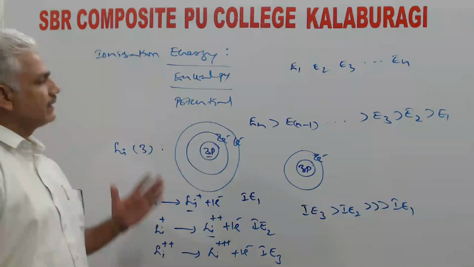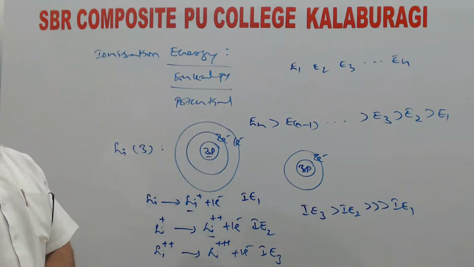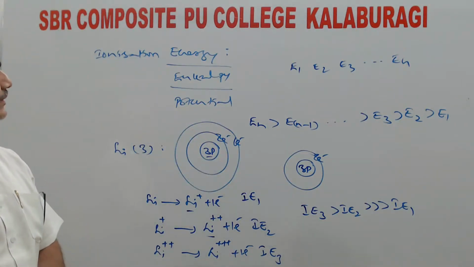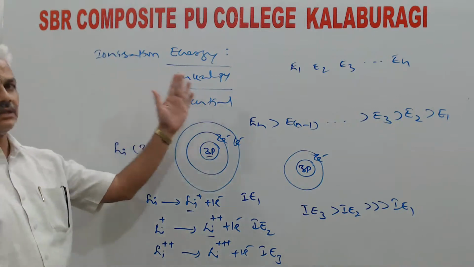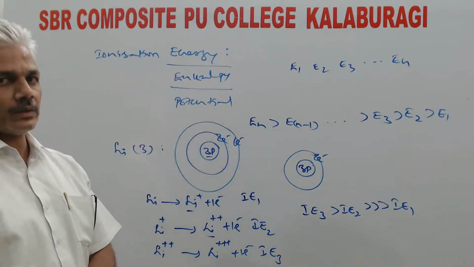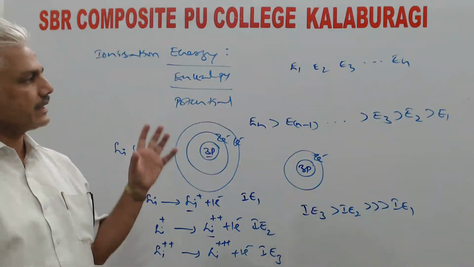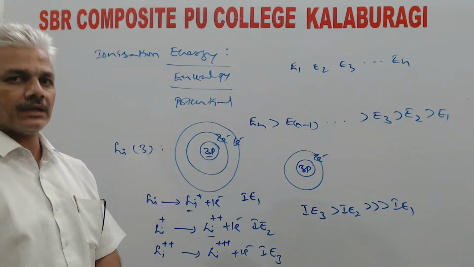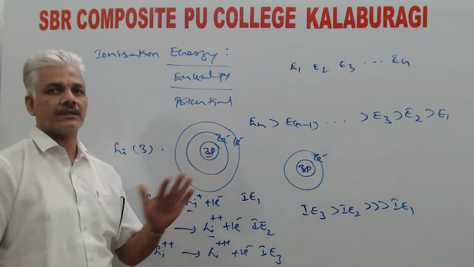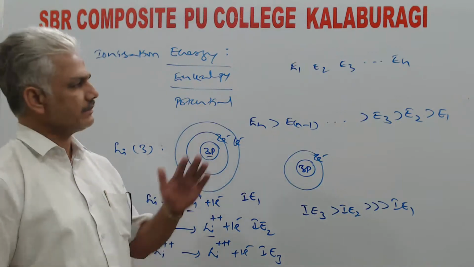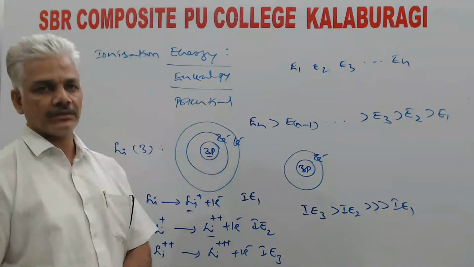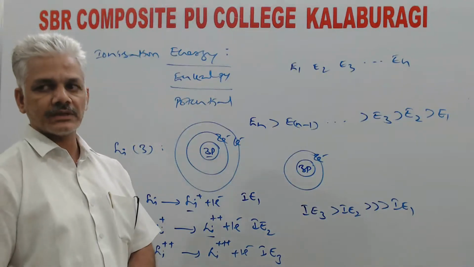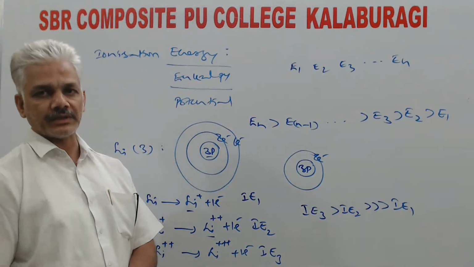Similarly, along a period, as you move from left to right, the general statement we give is that ionization energy increases. But group-wise, if you analyze, 2A group elements have higher ionization energy values than 3A group elements. Similarly, 5A group elements have higher ionization energy values than 6A group elements.